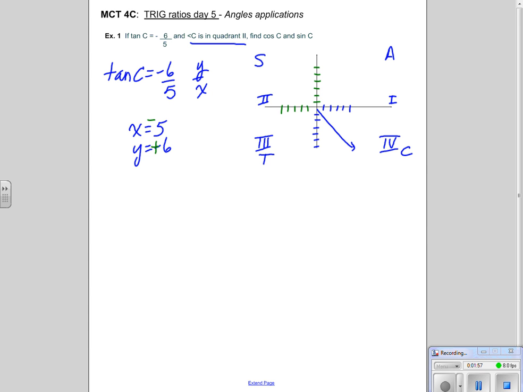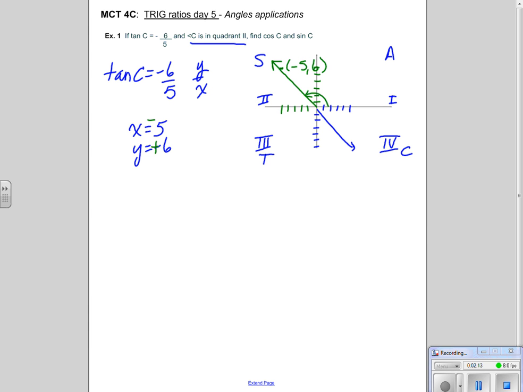And we have our point. So angle C would travel through the point minus 5, 6.